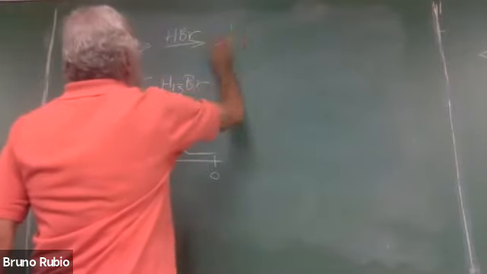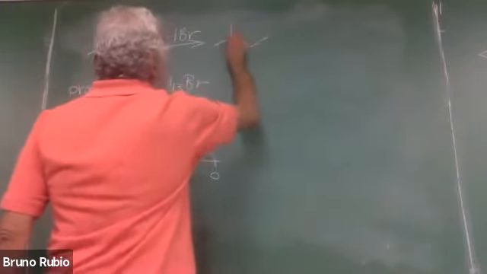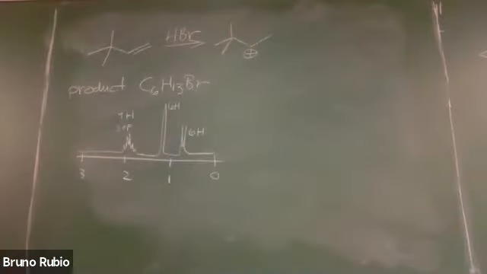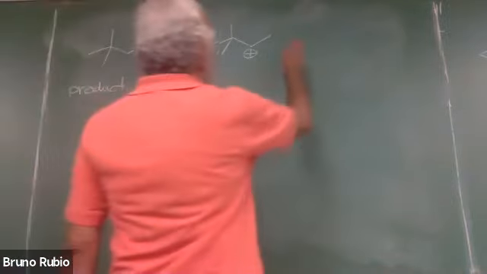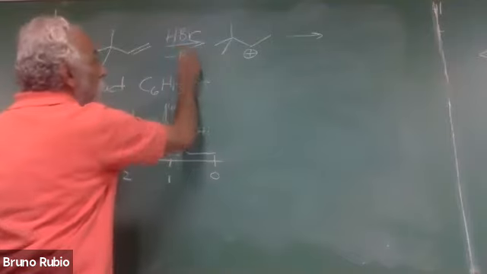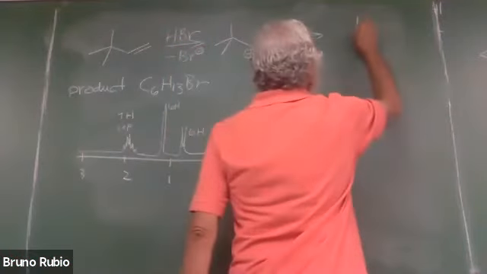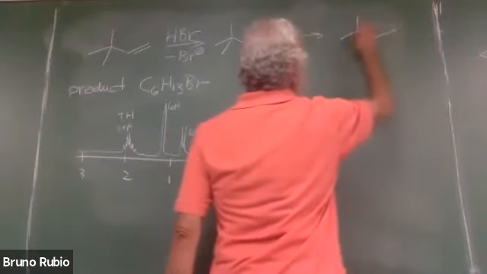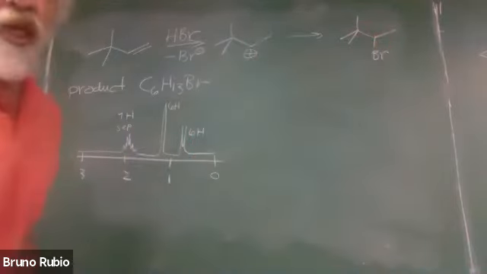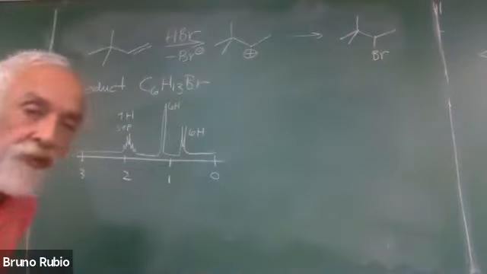So what I would like to write is that I got a secondary carbocation. That's better than a primary carbocation, and that was the intermediate. Now that intermediate is intercepted by Br minus, and so I'm looking for that as the structure of the product.